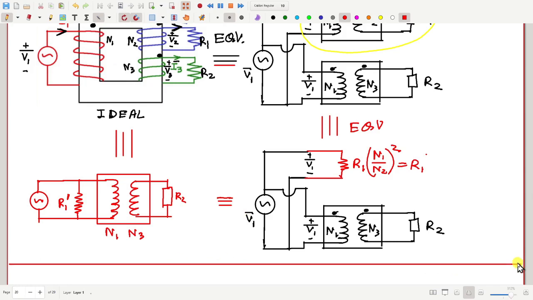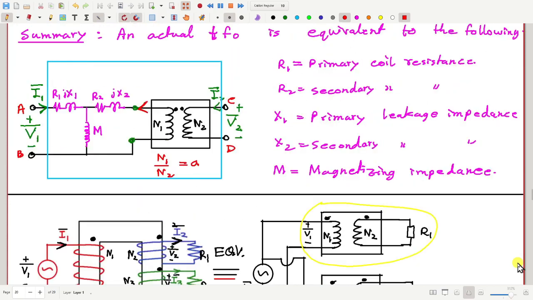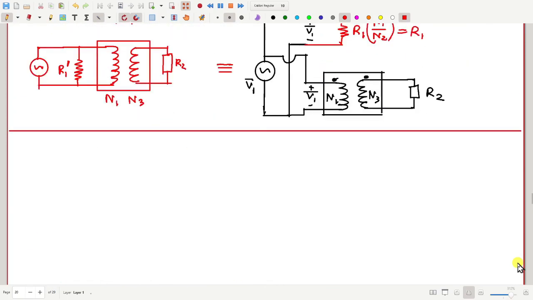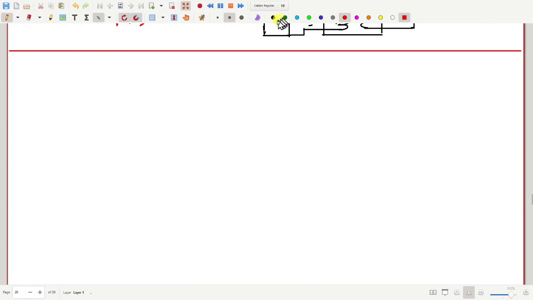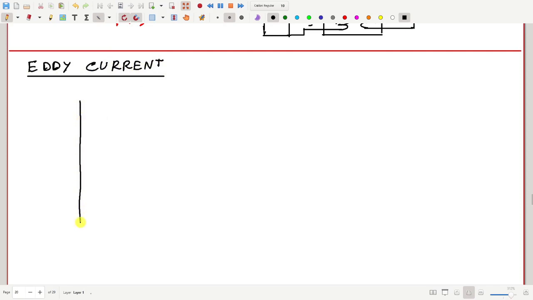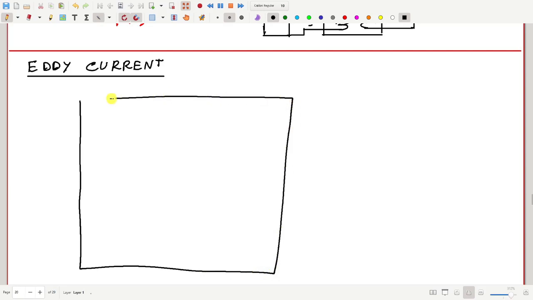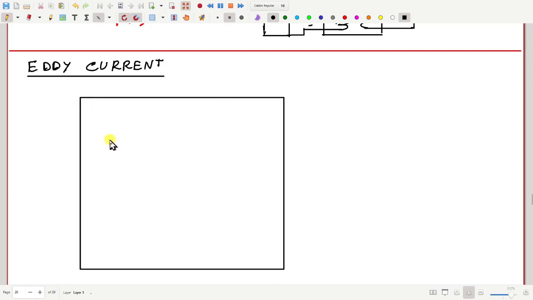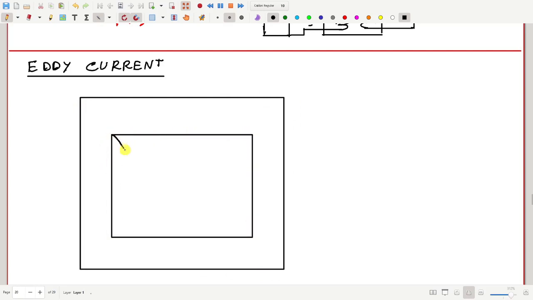Fine. So next, one more thing I am going to talk about is eddy current loss, or eddy current, in a transformer. So consider a transformer; this is the core.